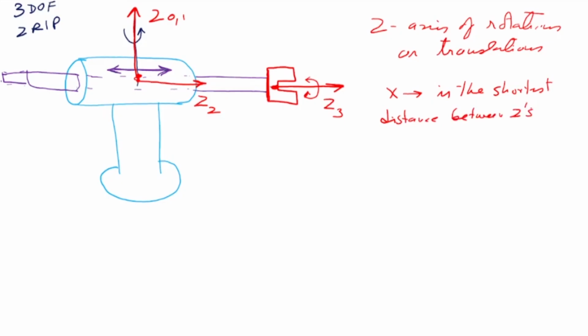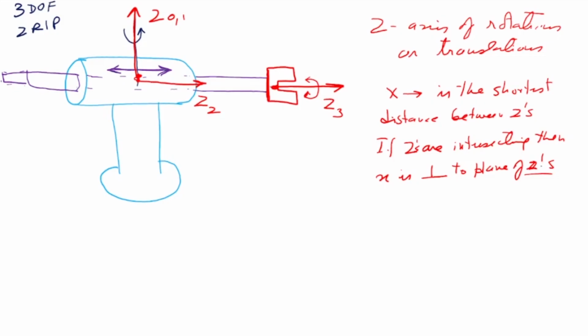But if z's are intersecting, then x is perpendicular to the plane of z's. So this means that if the z-axes are intersecting, then we say that the x-axis is perpendicular to the plane containing the z's.